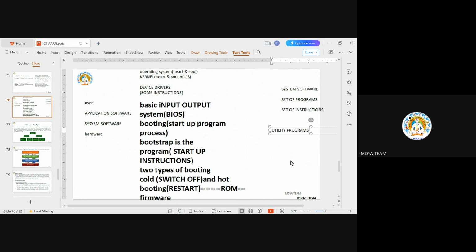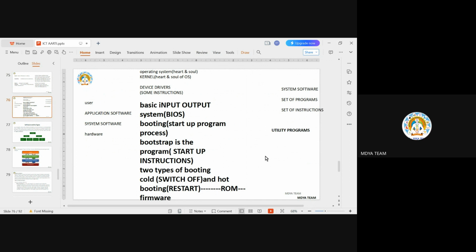What does the utility program do? They do disk fragmentation, disk cleaner, antivirus. All these functions are done by the utility programs.